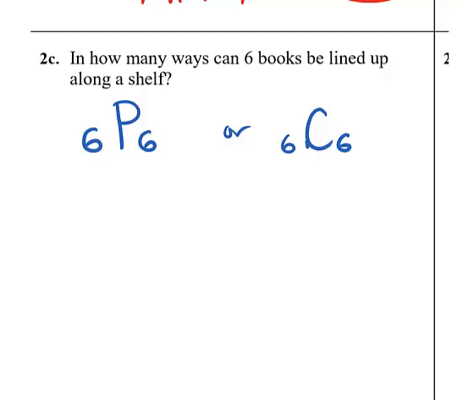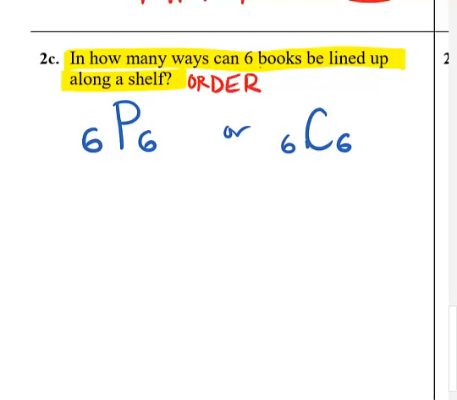So you're really taking 6 out of 6 items. That's kind of a weird one, but you ask yourself, does order matter? I think the way they phrased it, in how many ways can 6 cookbooks be lined up on a shelf, order does matter, because different arrangements are different to them, and different arrangements mean different order.